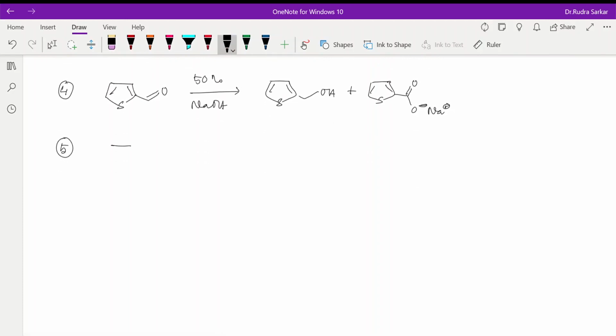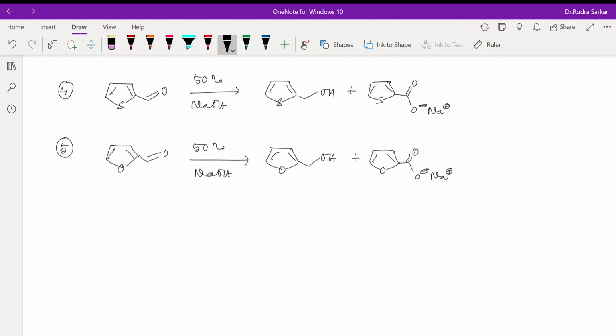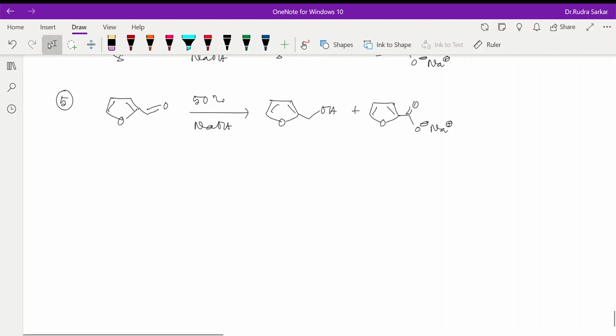Also have furfural, that too treated with this, gives you the alcohol and the acid salt. Okay.